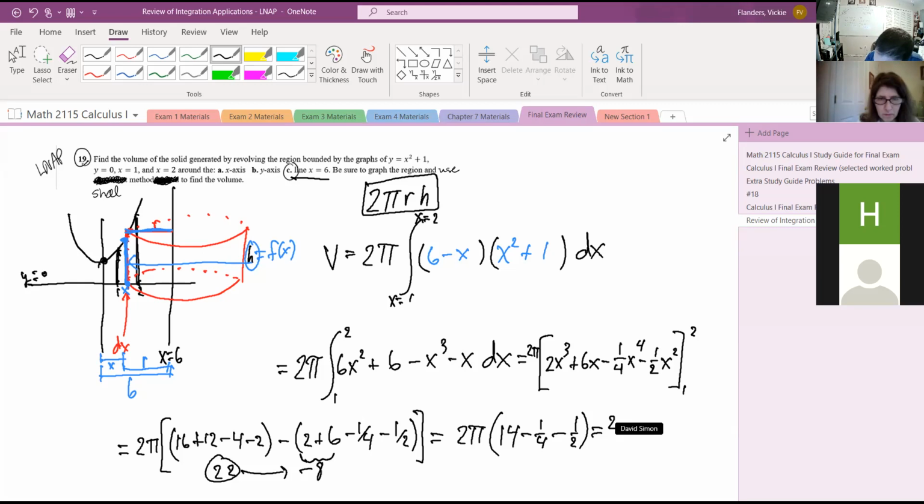So I'll have 2 pi over 4. I think we might have something a little different before we go further, Dave. See how you have a minus in front of the minus 1/4? Did I miss something?